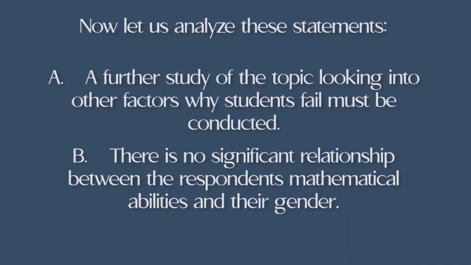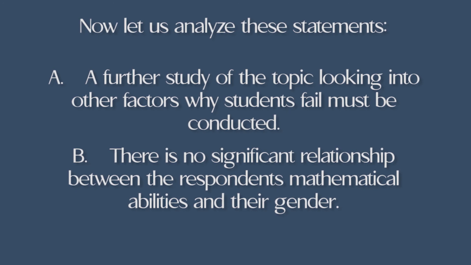Let us now analyze these statements. Letter A, a further study of the topic looking into other factors why students fail must be conducted. Letter B, there is no significant relationship between the respondents' mathematical abilities and their gender.